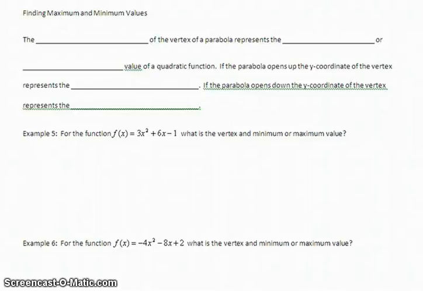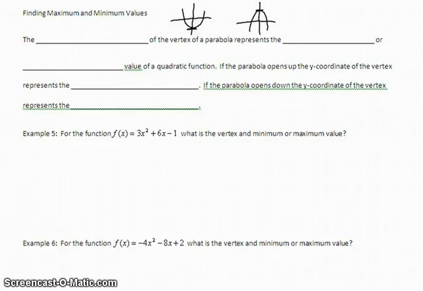Welcome back. In this video, we're going to be looking at the maximum or minimum values of our graphs. In other words, what value on my x-axis is either the lowest point on my graph or the highest point on my graph.